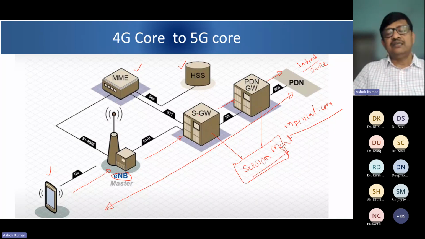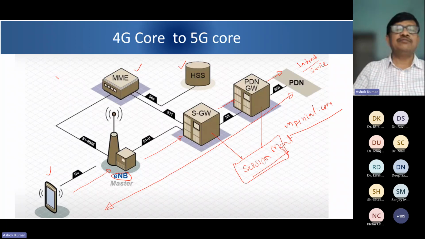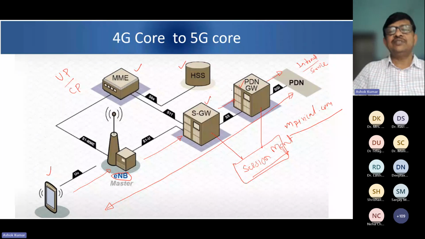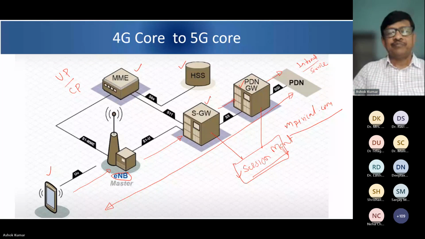So in a typical 4G network, we do not have a clear segregation of user plane and control plane, because in the user plane, SGW and PGW are also doing some control plane activity like session management.